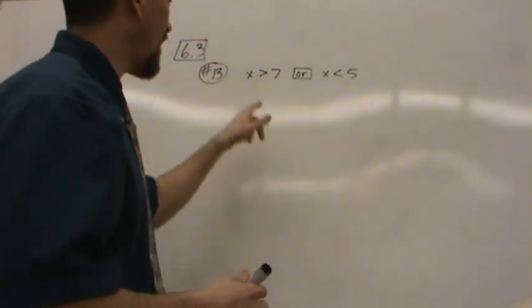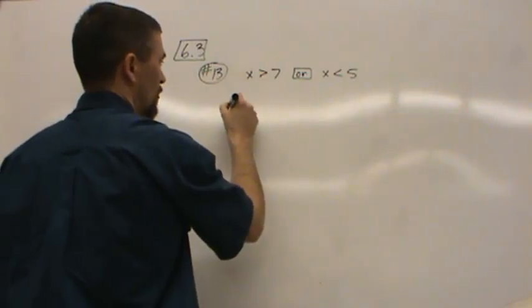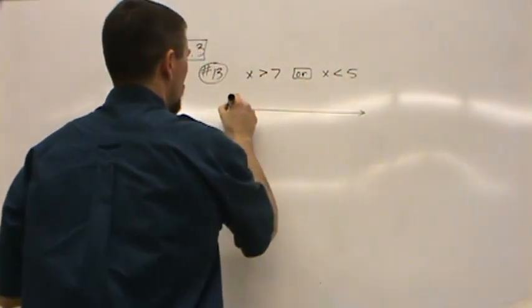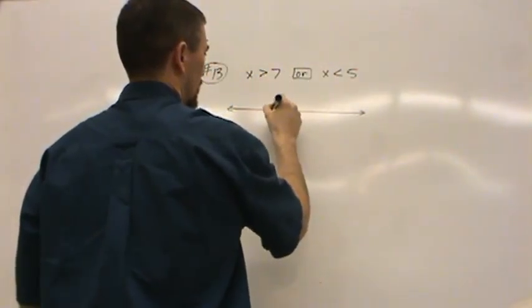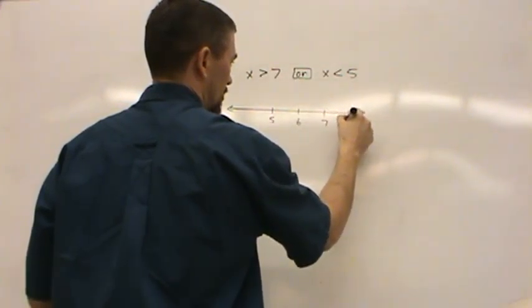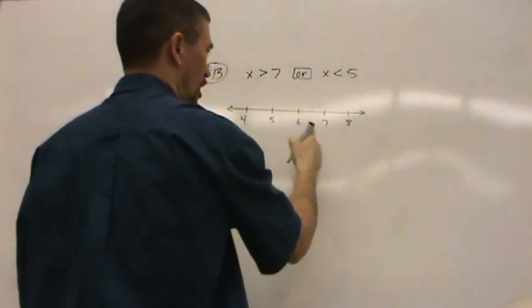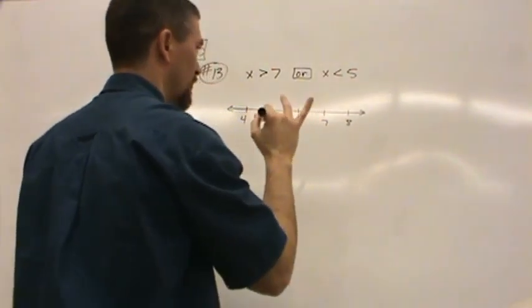So, when x is greater than 7 or x less than 5, if you're going to graph that, it's going to be 5 and 7 involved in there. So we've got 5, 6, 7, and I recommend when you're making your number lines that you go at least one notch past the numbers of interest.